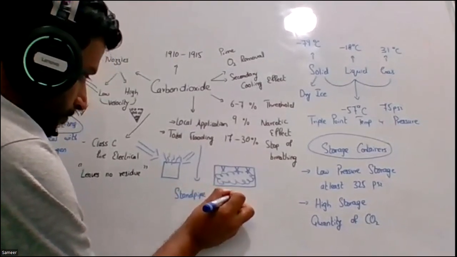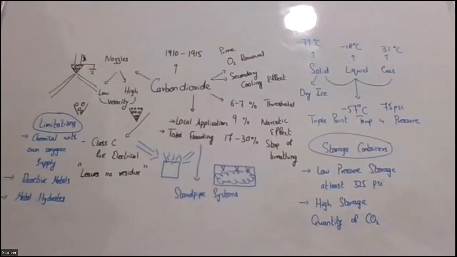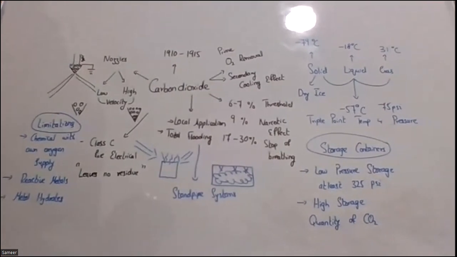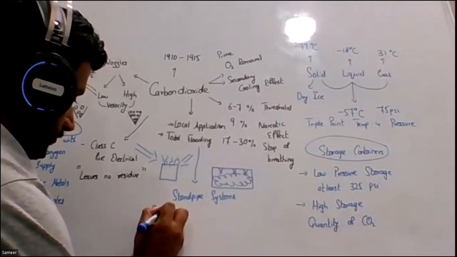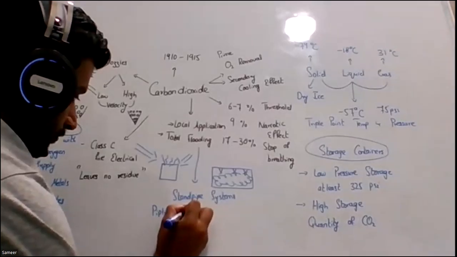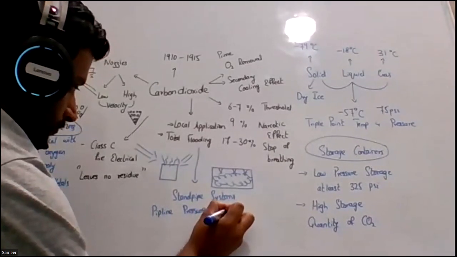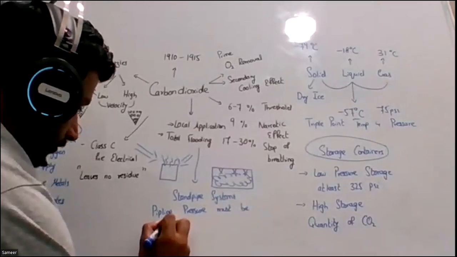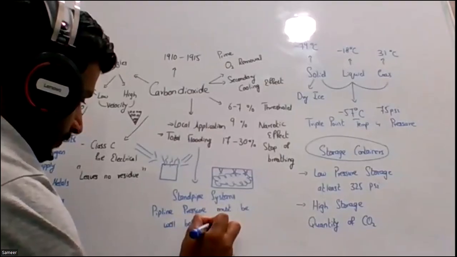That is the pressure of carbon dioxide in the pipeline. The pipeline pressure must be kept well below 75 psia.